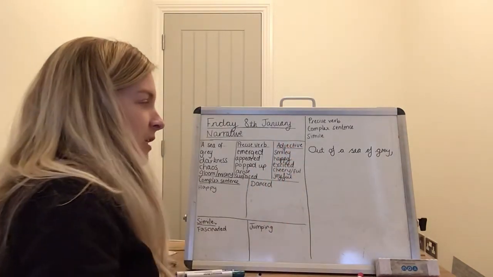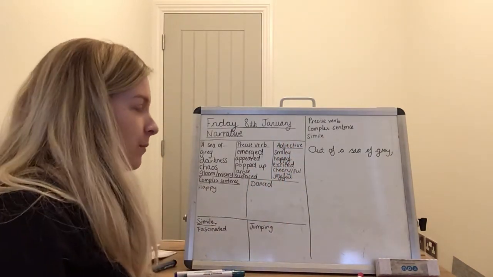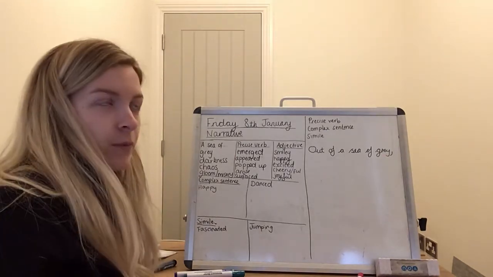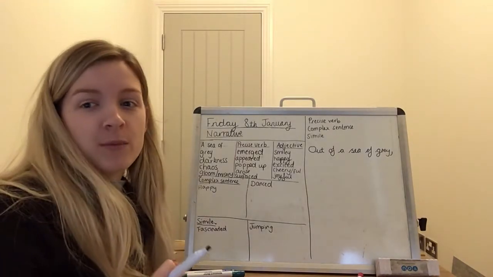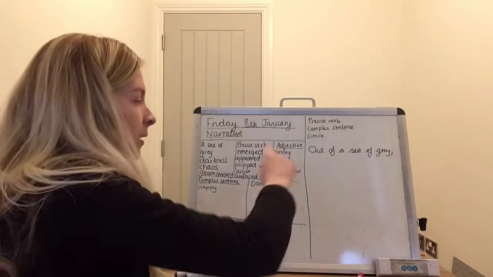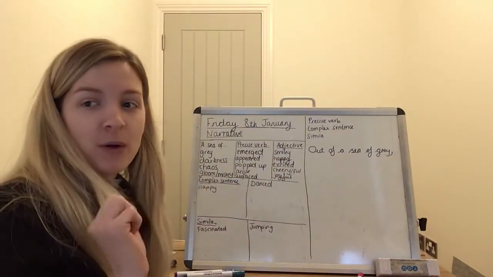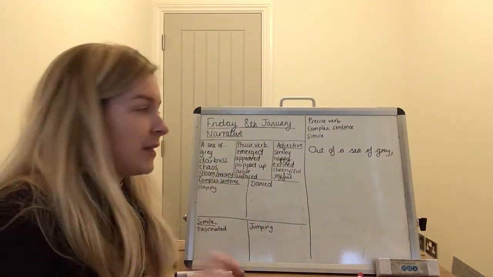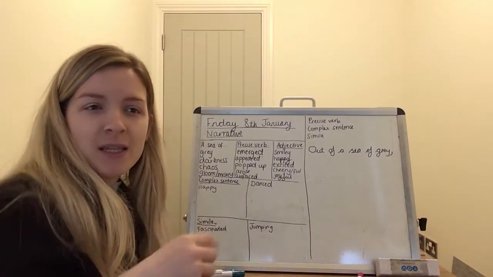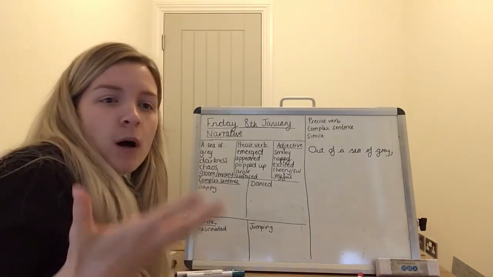Then we're choosing an adjective to describe our blue umbrella. I'm going to choose a bright blue umbrella. Those are my adjectives, but yours might say a smiley blue umbrella. It's important to get that word blue in there because it's the title of the story. That's an important part of our character here.